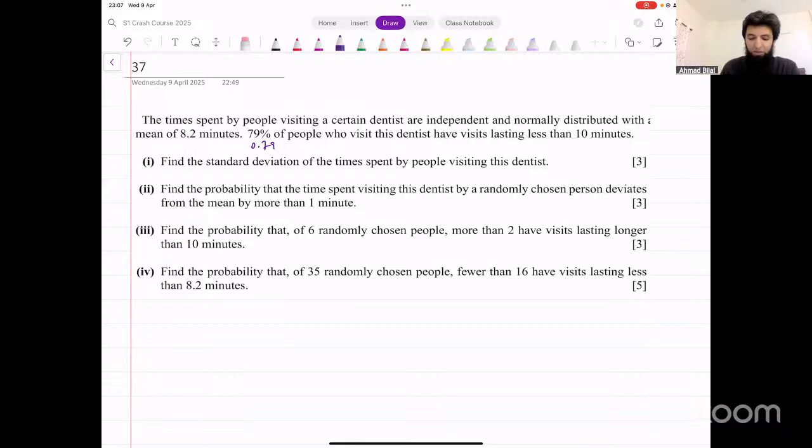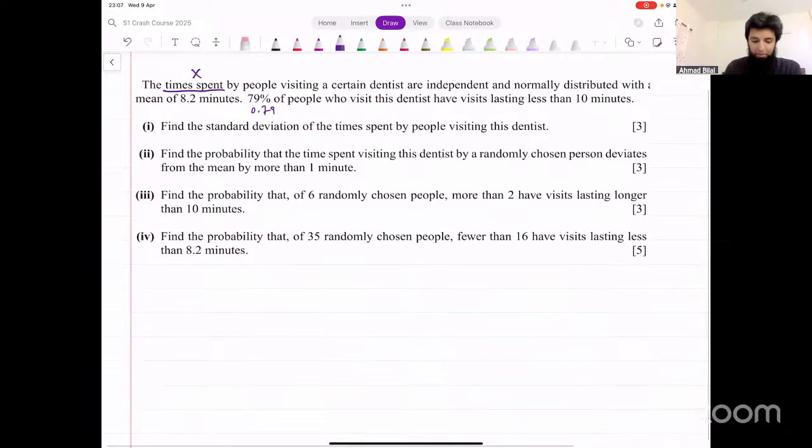So what's the variable, first of all? Time spent, right? That's the variable, x. They're saying this is normally distributed. So x is normally distributed. Its mean is given to be 8.2, and we are given the probability of the time being less than 10.